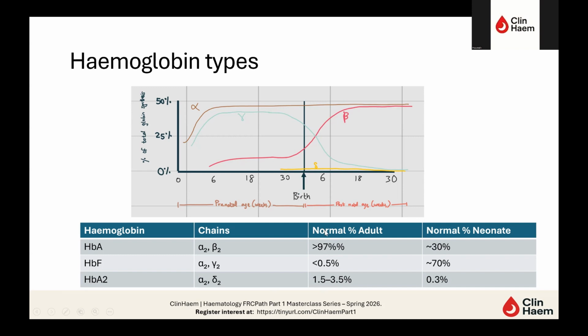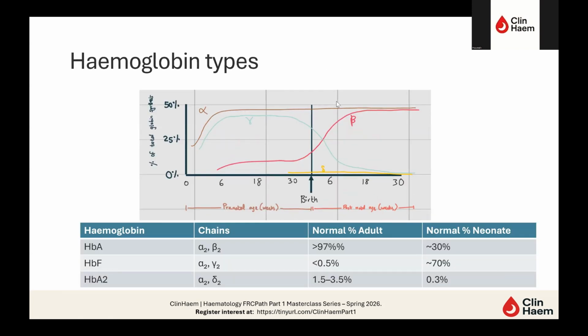And I will explain how we use that to diagnose beta thalassemia trait in a second. Any questions up till here? I'm intentionally going very slow because sometimes this confuses a bit, but this is quite straightforward otherwise. Good.